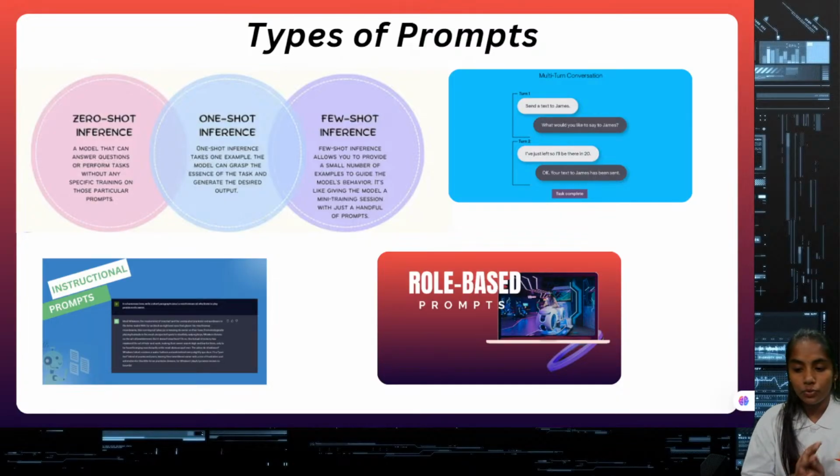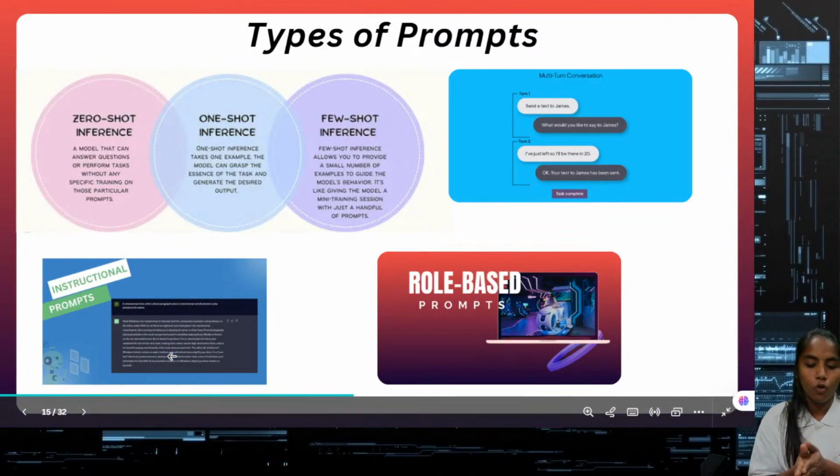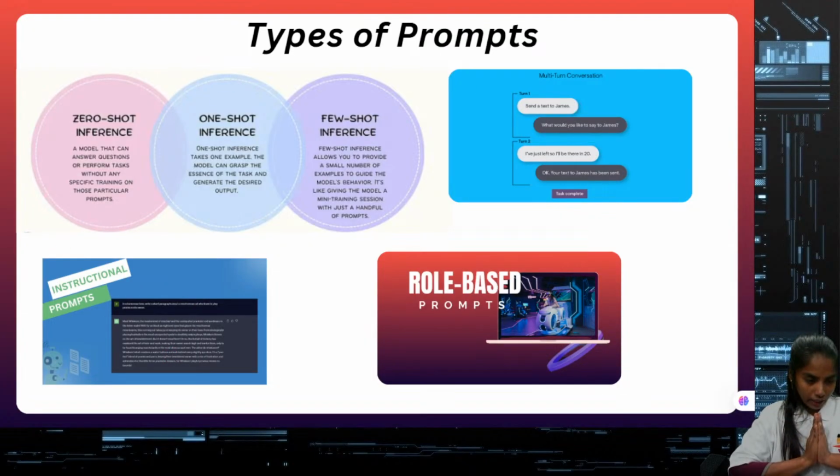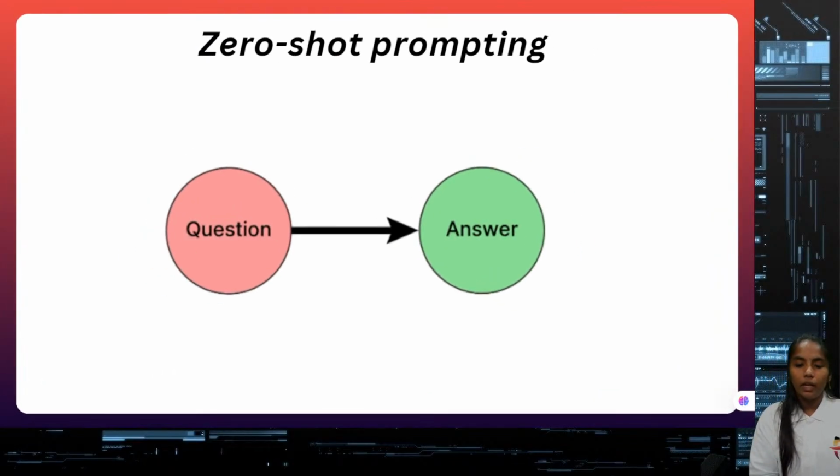Coming to the next one, multi-turn, which is nothing but multiple options. Instructional prompts means you give the instructions, then it will follow. Role based means I need it like this, so you take this content and it should be related to the medical field. Like that you give some particular roles, and based on that the prompt should work. Like that you have many types of prompts.